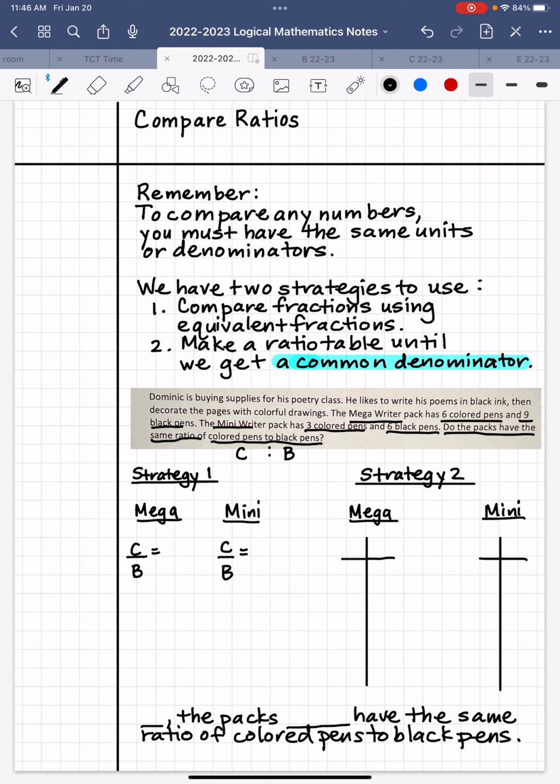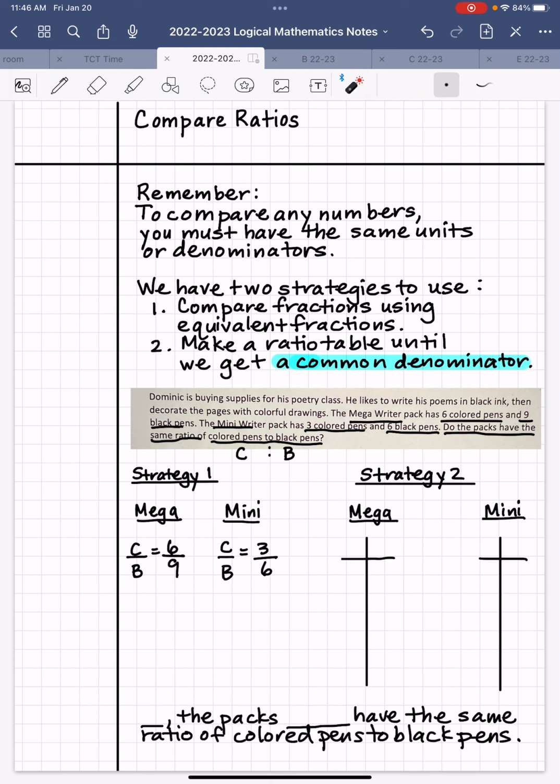For Mega, it says that we have 6 colored pens and 9 black pens. So colored to black pens is 6 to 9. And then the Mini is 3 colored pens for 6 black pens, so 3 to 6.